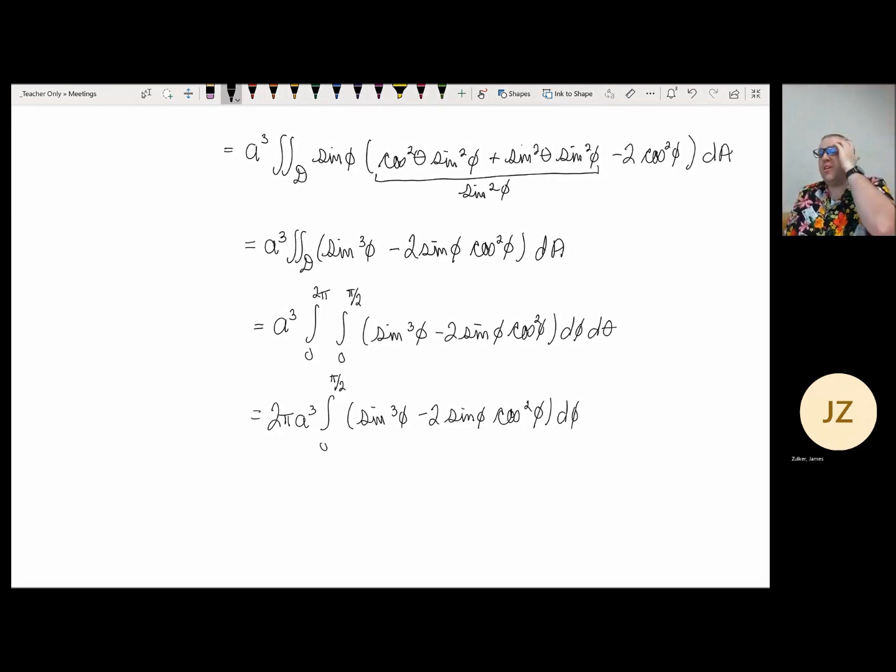That second term, straight up change a variable. That's not too bad. That first term, however, if you were to do that by hand, two ways you go about it. You could do integration by parts. It's not the path I would take. You would have to split that as a sine times sine squared, rewrite sine squared as 1 minus cosine squared, and then do change a variable there. Let u be cosine.